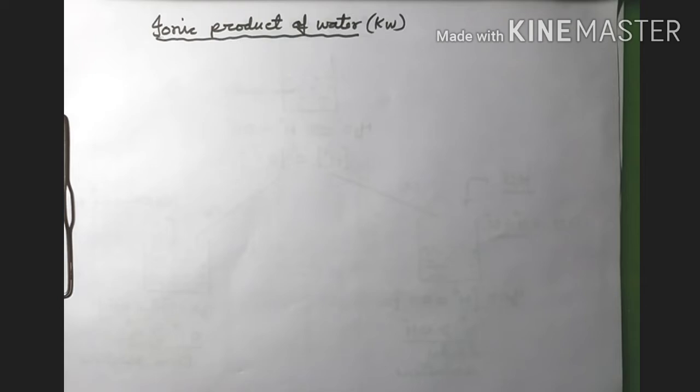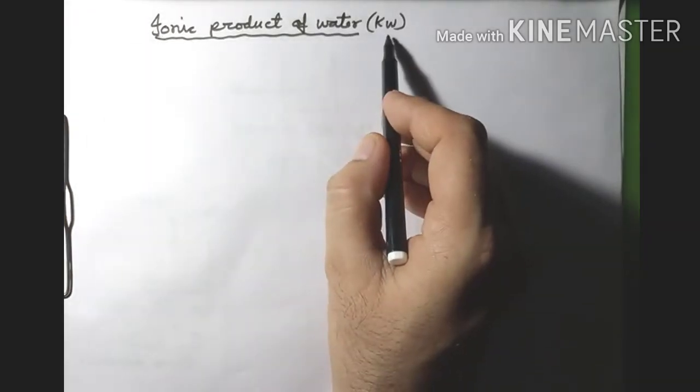Now we will study the next topic, and that is called ionic product of water. So let us understand what is the meaning of ionic product of water. In any type of solution, whether it is acidic, basic or neutral, the product of the concentration of H plus and OH minus ion is called ionic product of water, and it is represented by Kw.